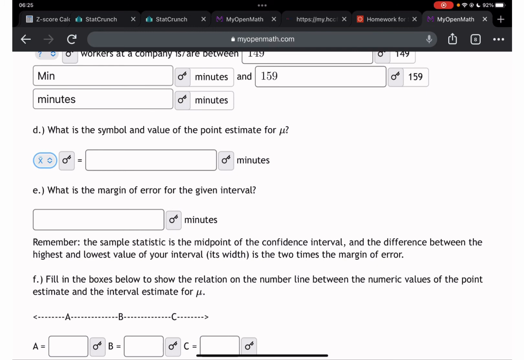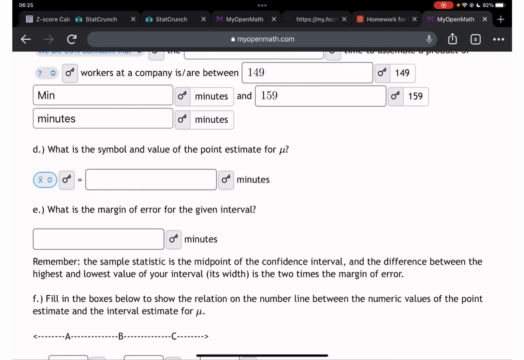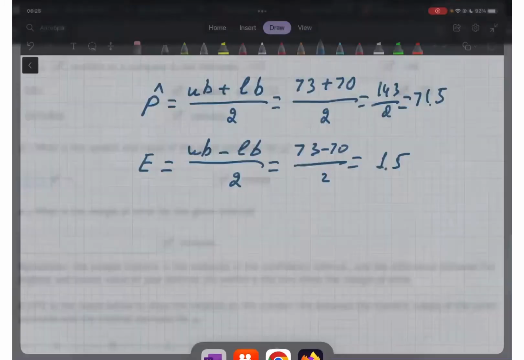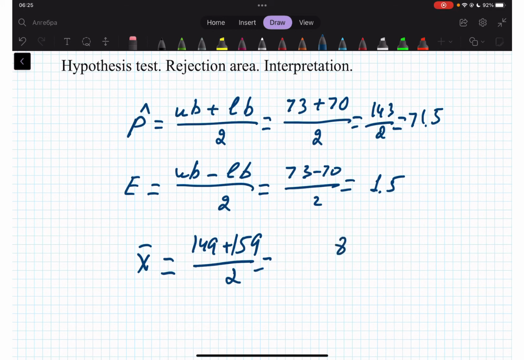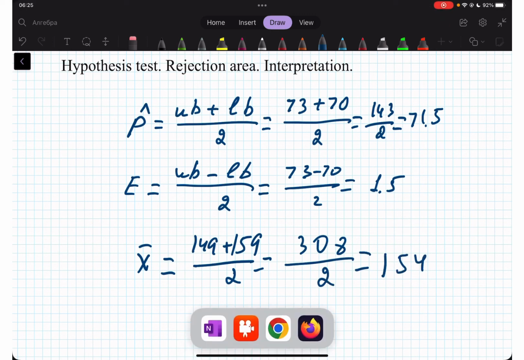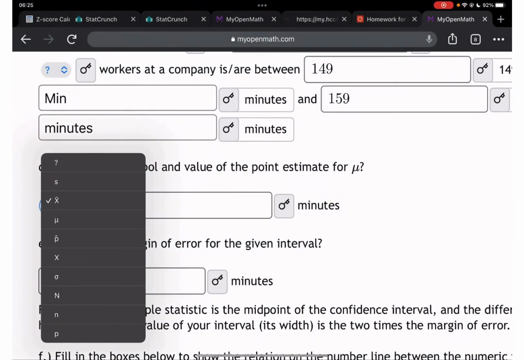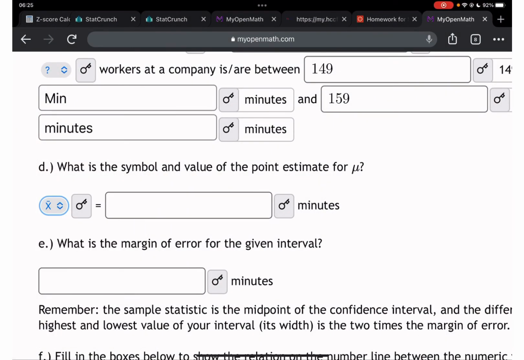It's going to be the same way like we did for p hat. So x bar is going to be 149 plus 159 divided by 2. So it's 308 divided by 2, which is 154. Okay, let's go for it. 154.